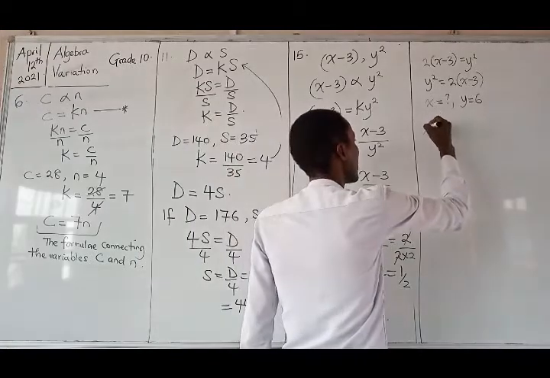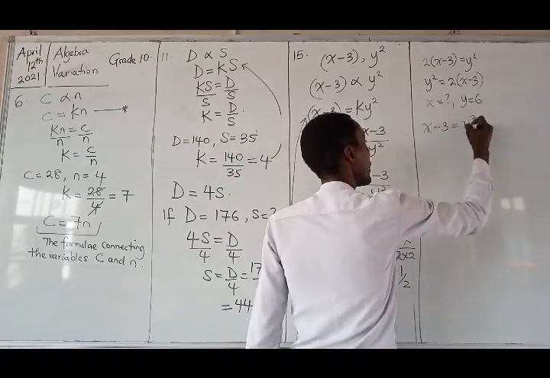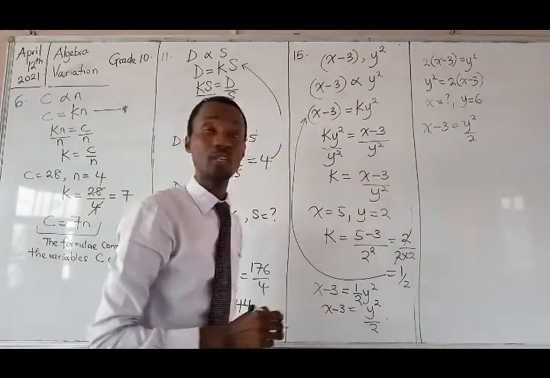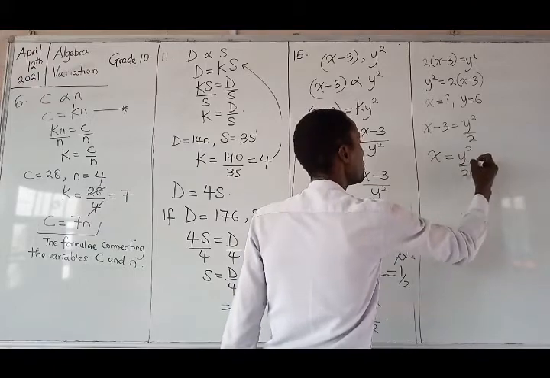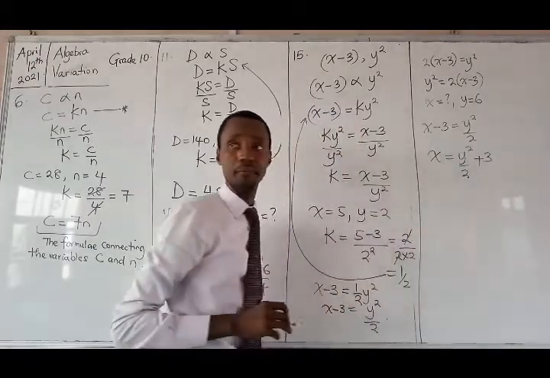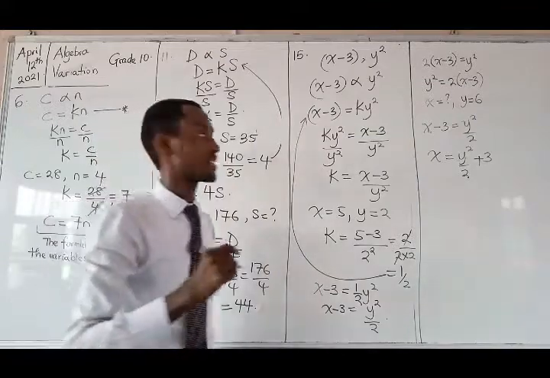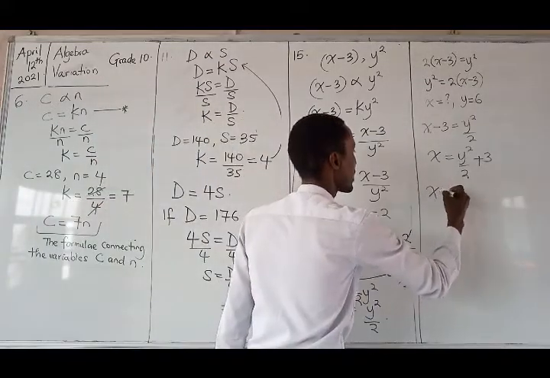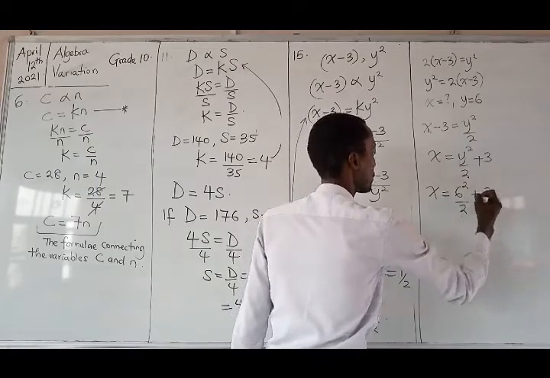So it's x minus 3 equal to what? y squared over 2. So what does that mean? It means that x will be equal to y squared over 2 plus what? 3. Is that not? So, but what is y? y is what? 6. So that will be x equal to 6 squared over 2 plus what? 3.